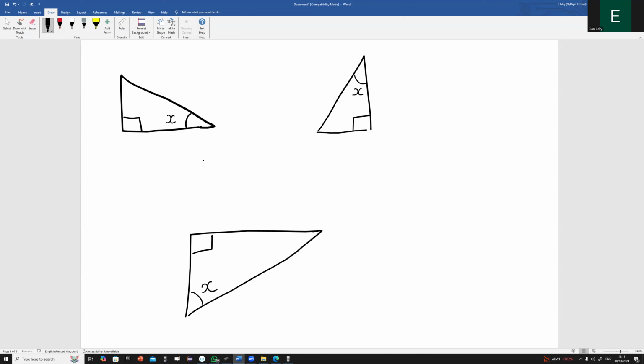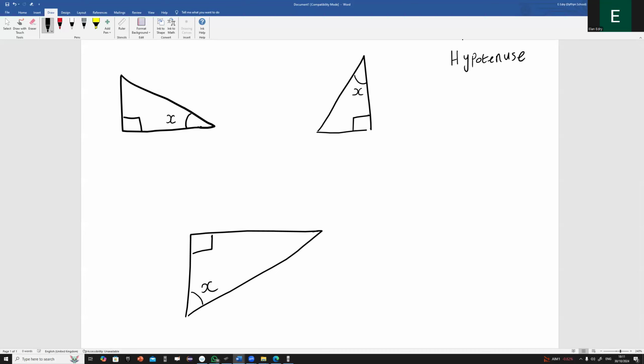Okay. Now, what we're going to do is we're going to label the triangles, and there's certain letters and terminology that we need. Okay, so I'll just write what the words are first. We need to know the word hypotenuse, okay? Now, the really important letter here is just the first letter.